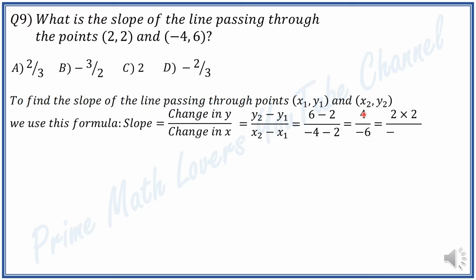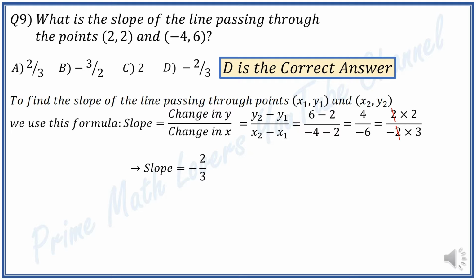We can write down 4 as 2 times 2 and 6 as 2 times 3. And then we cancel 2 from numerator and denominator. And the final answer of the slope will be negative 2 over 3. So D is the correct answer.